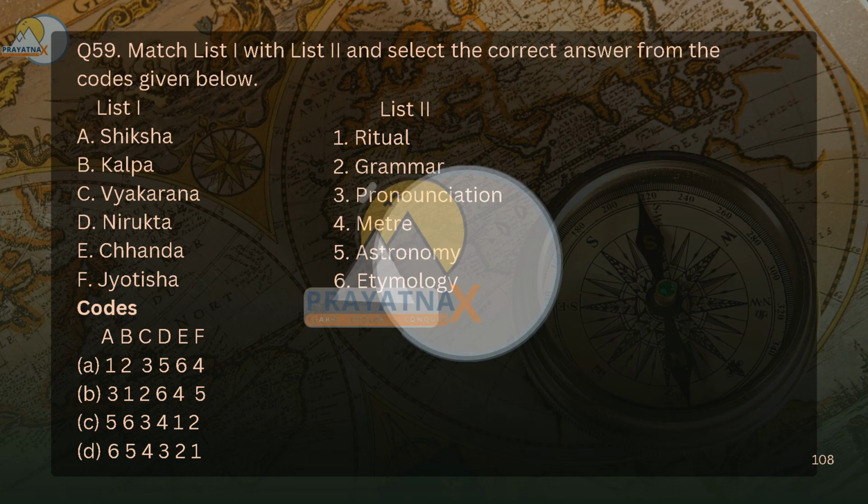Shiksha is related to the pronunciation, and Kalpa is related to the ritual, Vyakaran is related to your grammar, Nirukta is related to your etymology, your Chanda is related to the meter and tempo, and Jyotisha is related to astronomy. So the correct answer for this would be option number B.